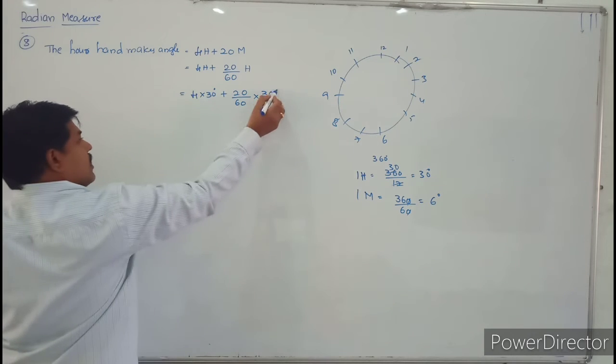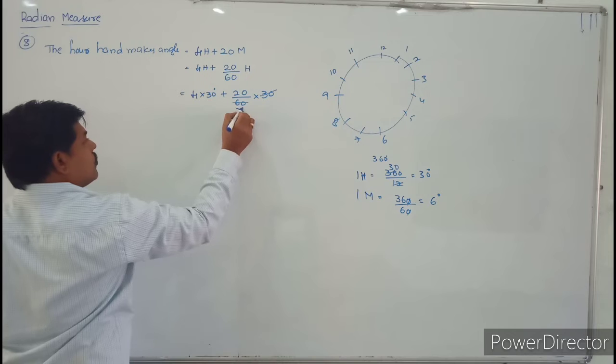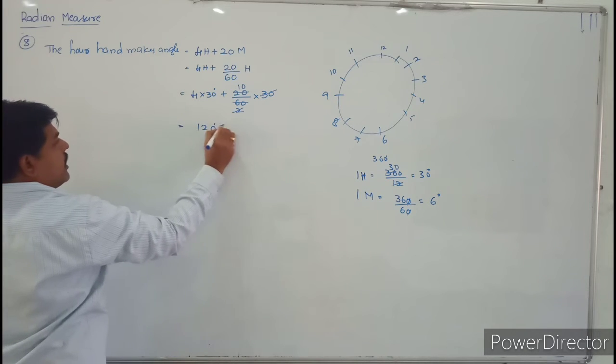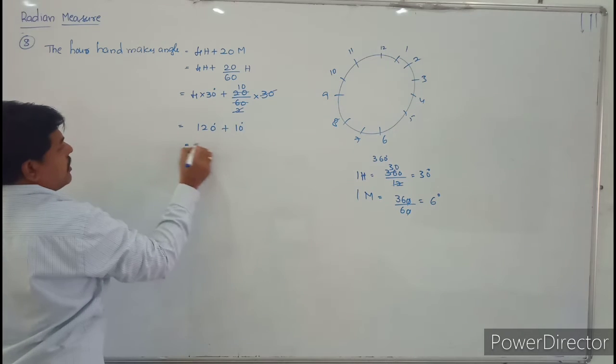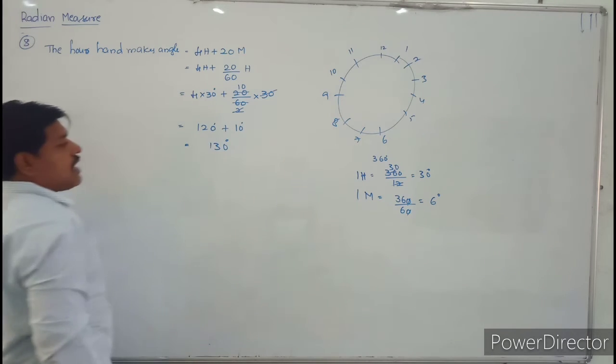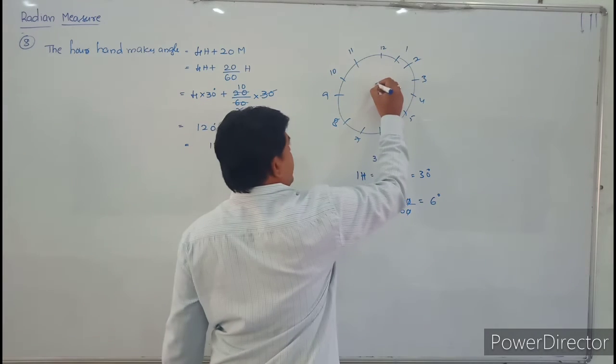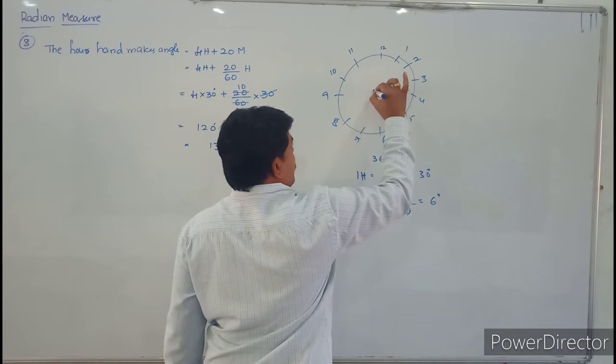Here 2 will be cancelled and 2 will be cancelled for 10. So that is nothing but 120 degrees plus 10 degrees. So the total angle is 130 degrees.